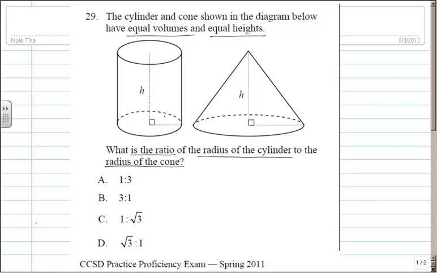And we can name, let's say, the radius of the cylinder lowercase r, and the radius of the cone capital R, right? Hold on.